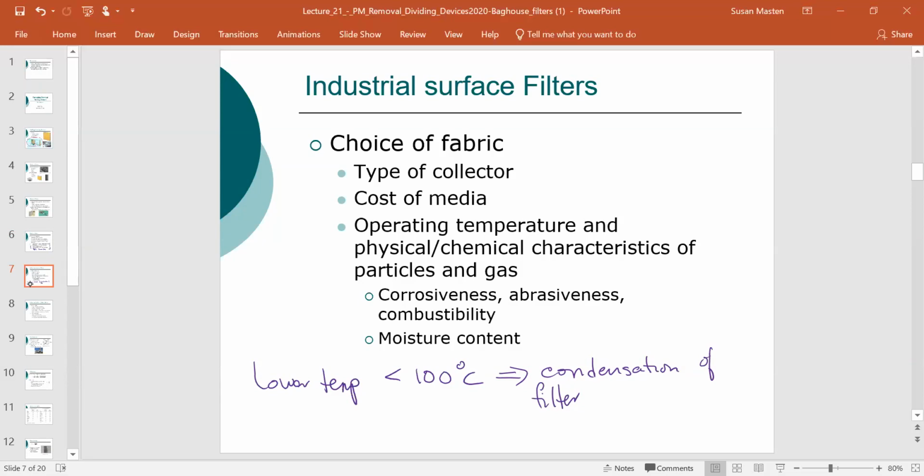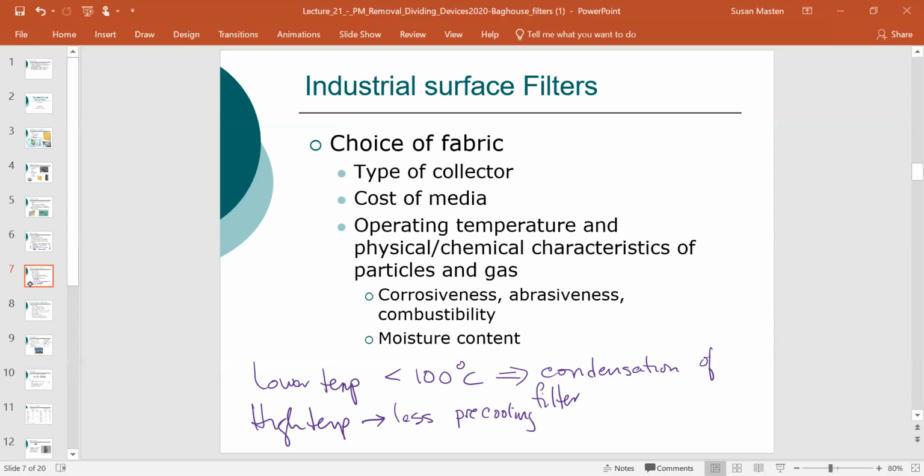Now, if we operate at lower temperature, then we need less pre-cooling. Because often the gases are from a combustion process. If they are, then they're hot, in which case you've got to cool these gases before you put them through the filter. If you can operate at high temperature, we don't need to cool that gas.